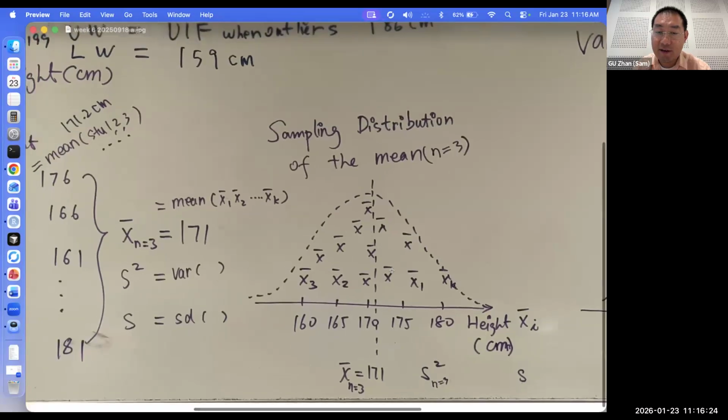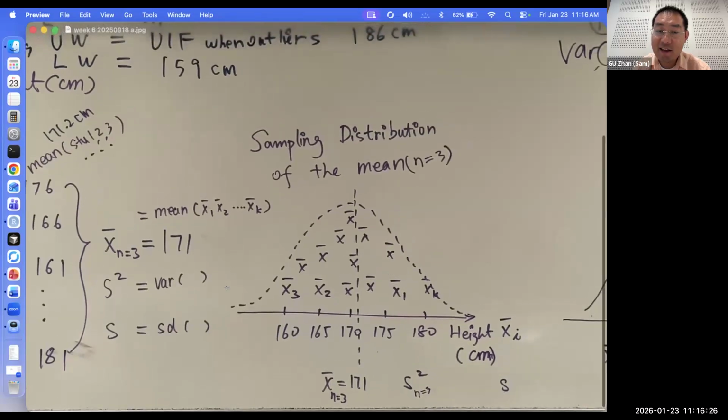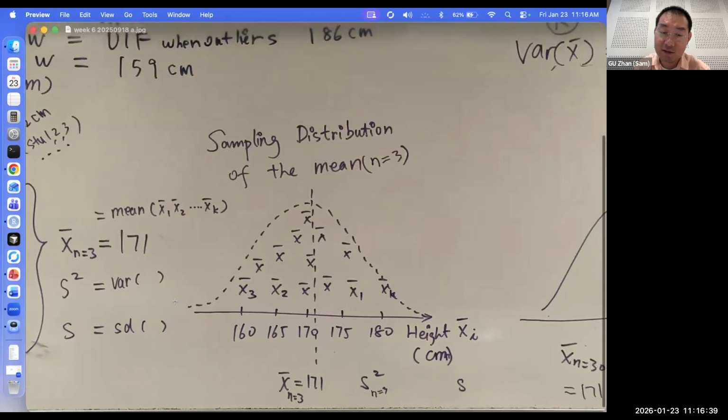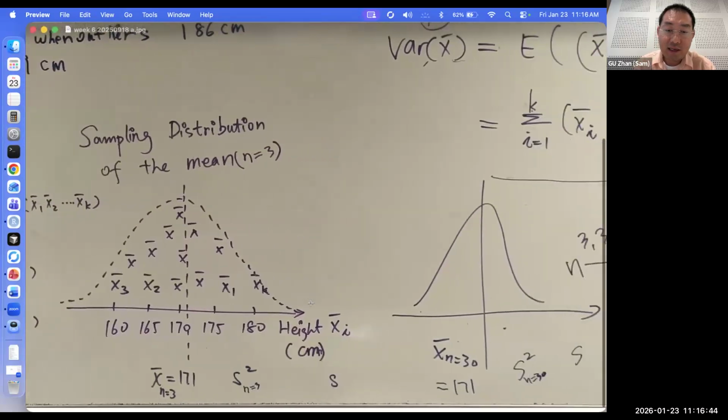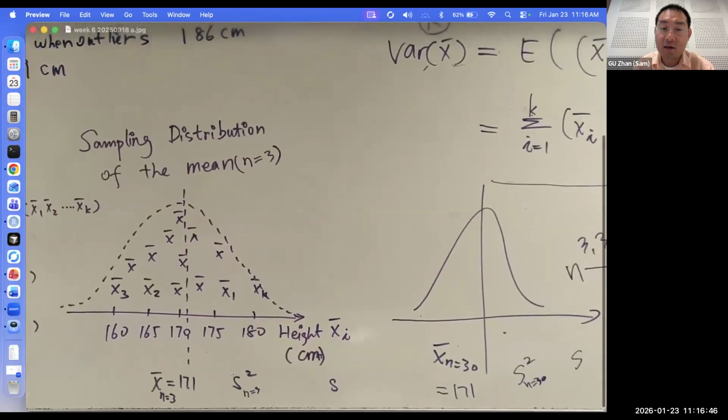Then there will be a shape. The shape will be normally distributed if the sample size n is greater than 30. At the moment it's 3, just for illustration. Next, we can calculate the mean value of so many sample means, just one single mean value of the 1000 sample means.